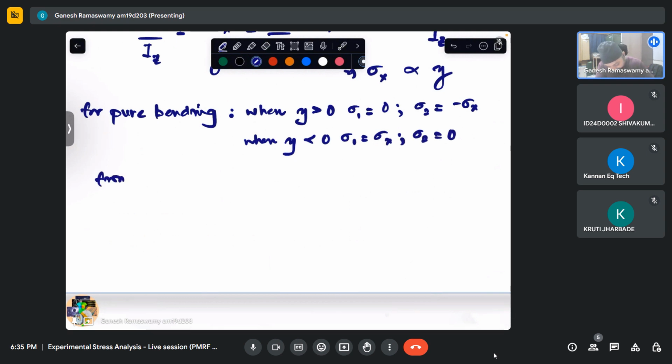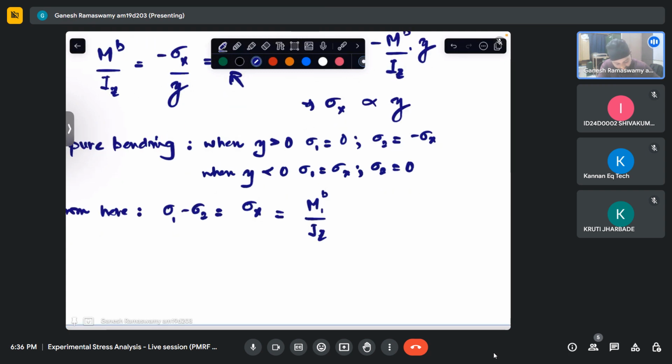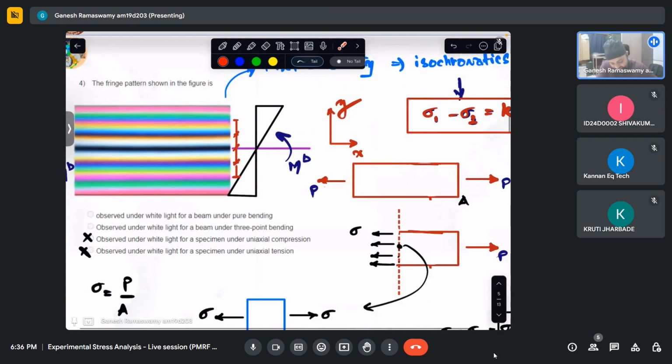So from here, sigma 1 minus sigma 2 is invariably sigma x, which is nothing but what we just saw, M b by Iz into y, which is a linear variation, which is why we are getting such fringes.